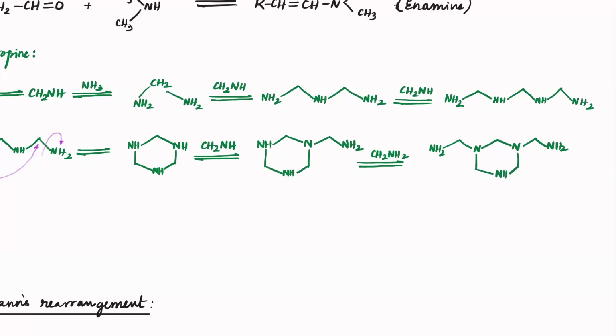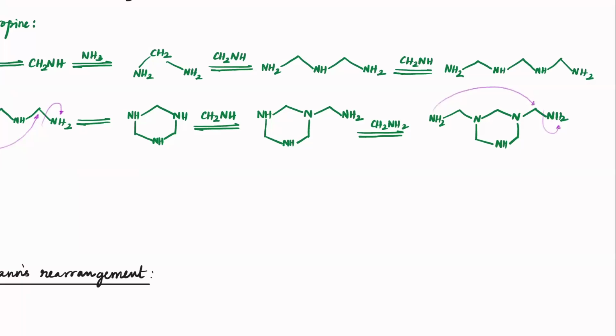Notice again we made a six-membered ring in this case. So what is the ring size? 1, 2, 3, 4, 5, 6, 7. So again if I react from this position to this position, ammonia will come out, a ring will form. Another six-membered ring will form here. Got it.